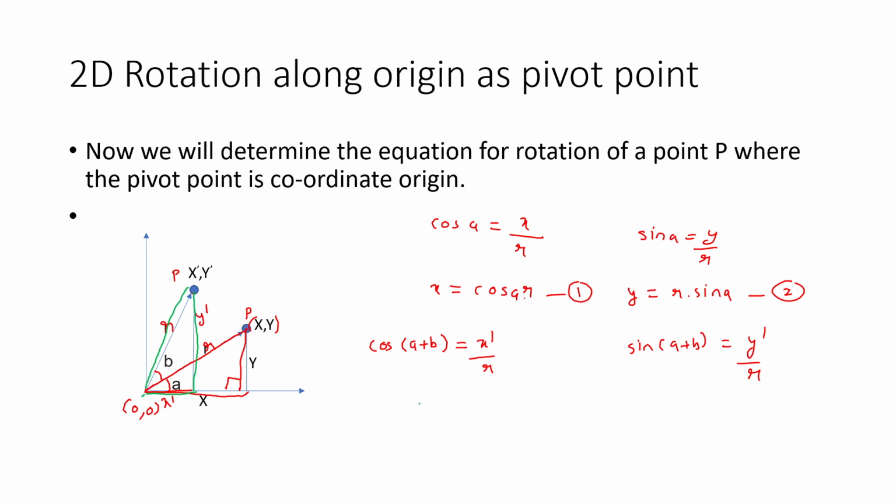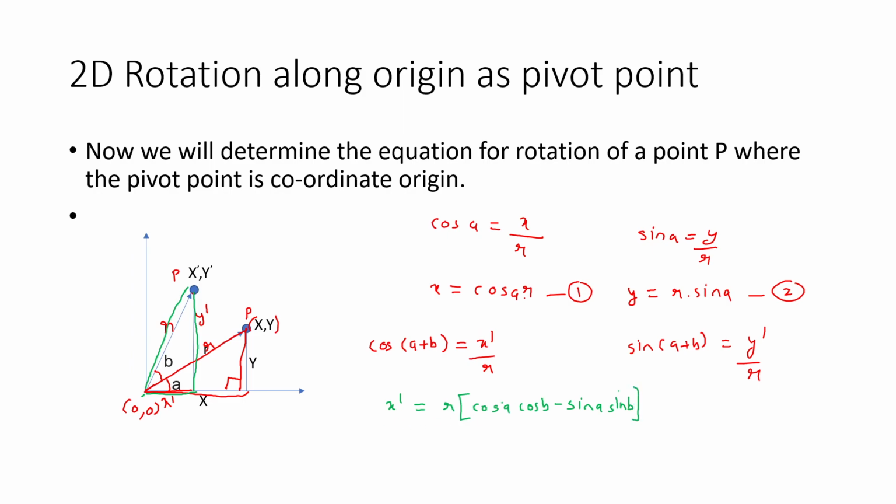Now if we solve this equation, we get x dash is equal to r cos A plus B, correct? Now cos A plus B, we can solve the equation and we'll get cos A cos B minus sin A sin B, correct?